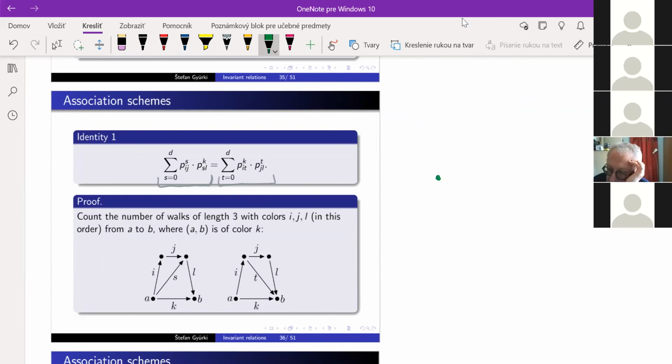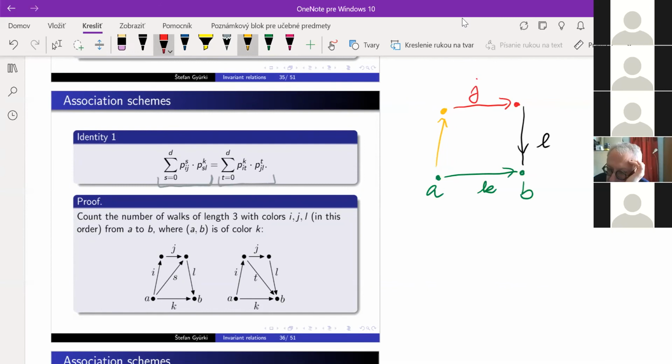So say I have dart A, B in color K, then if I would like to count the number of walks of length 3 which have colors I, J, and L in this order, then I can count these numbers.